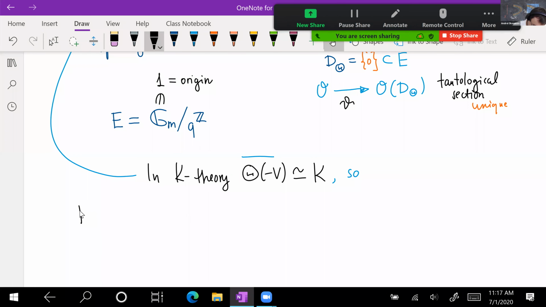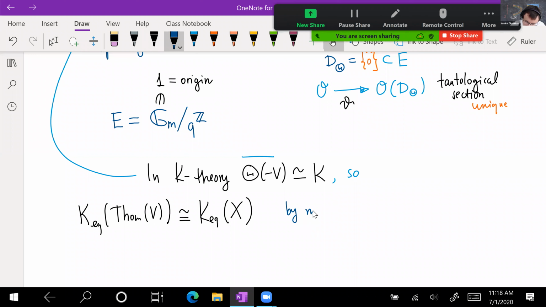The K theory of the Thom space of V is actually isomorphic to the K theory of X. But this isomorphism is really via multiplication by some element, a product of 1 minus terms.